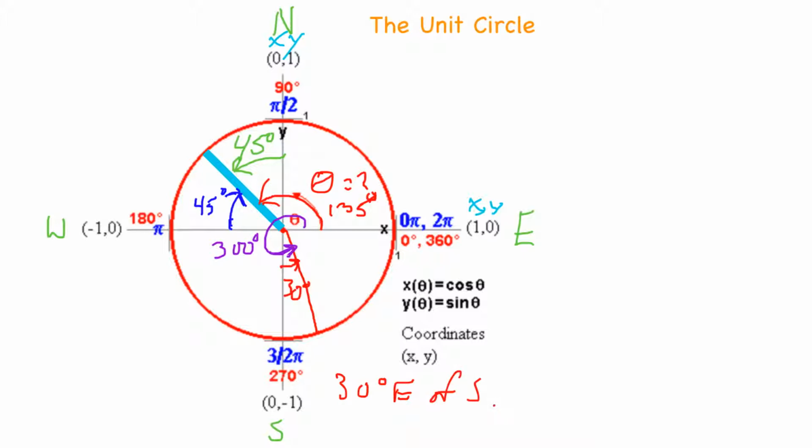Alright, so either description is appropriate. We can say that the line is located 300 degrees from 0, or that it's located 30 degrees east of south. And that's how we will continue to do directions anytime that we describe where something is in physics.